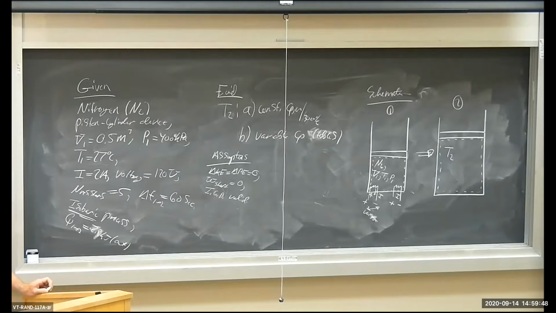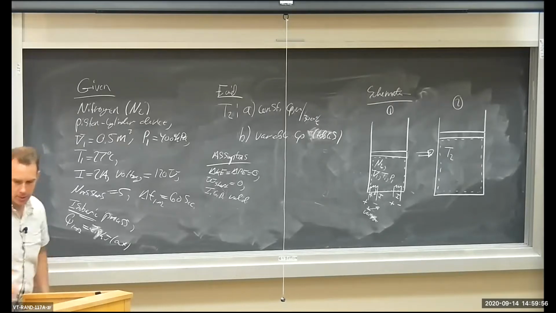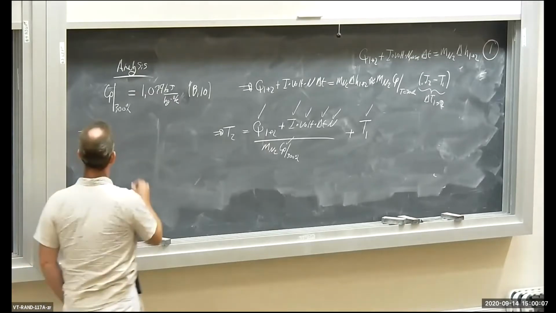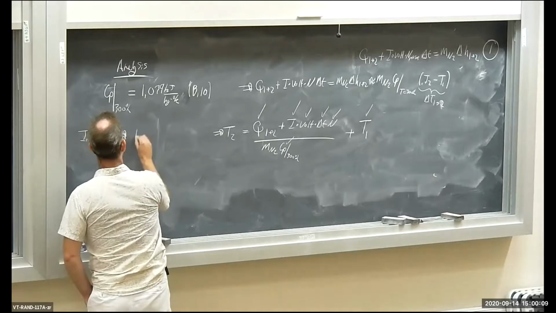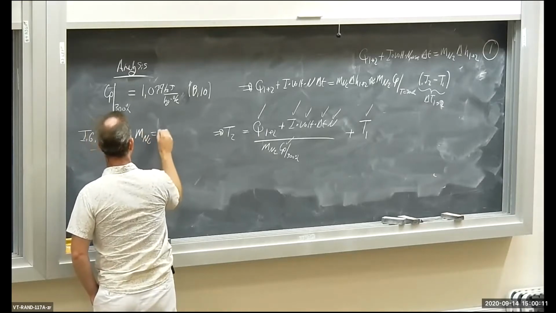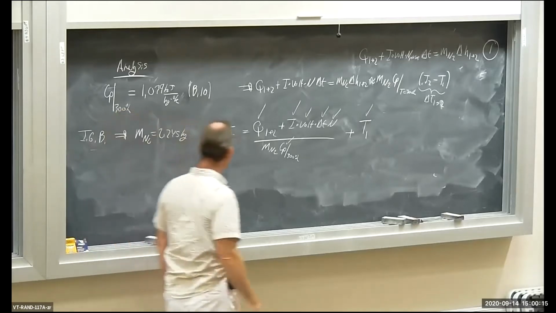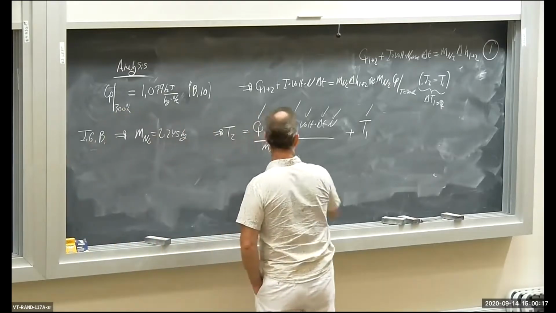Nitrogen, molecular weight is 28.01, okay? So I can use the ideal gas law to calculate the mass in the tank. Turns out that it's 2.245 kilograms. So now I got the mass.